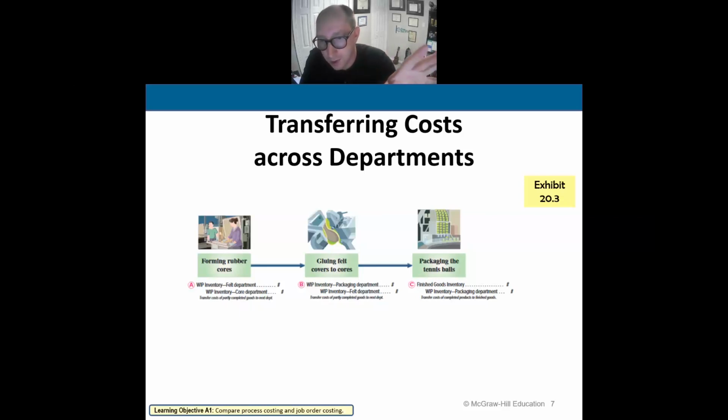What that does is it shows the transfer of the partially completed units from one department to another, and ultimately to the completed product stage, also known as finished goods.